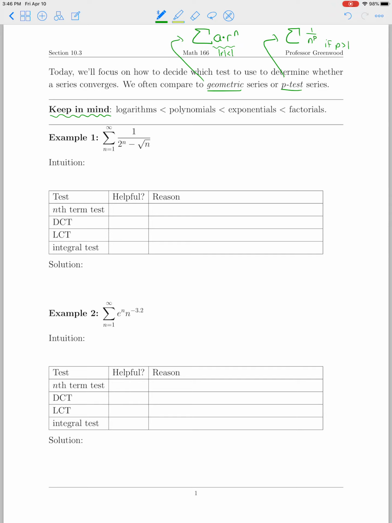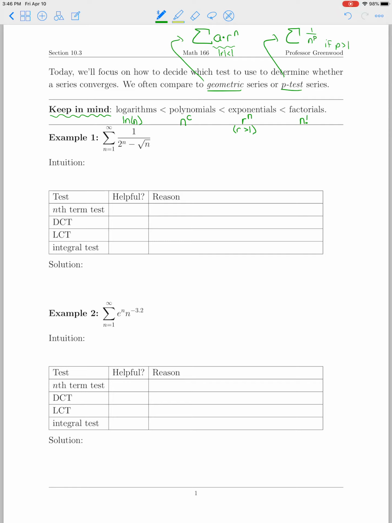What I mean is that something of the form the natural log of n is always going to be slower growing than something of the form n to the c, where c is any constant, so n squared, n cubed, whatever. And that's always going to be slower than something of the form r to the n, where here I'm assuming that r is greater than 1. And that's always going to be slower than something like n factorial.